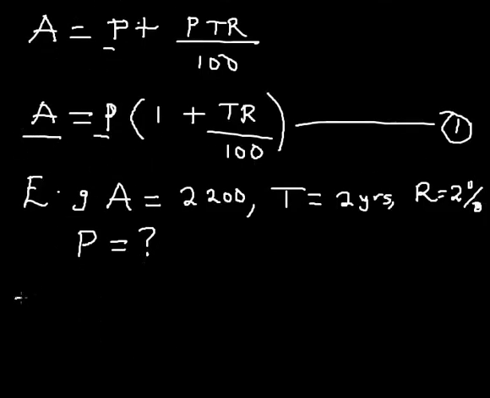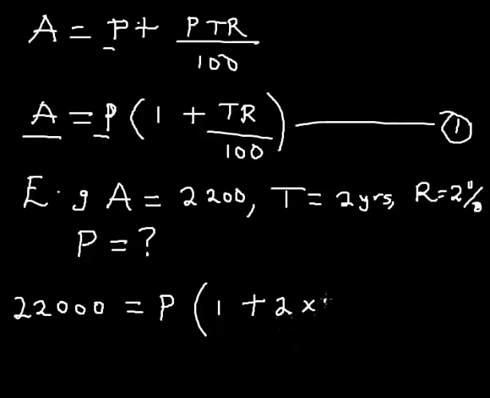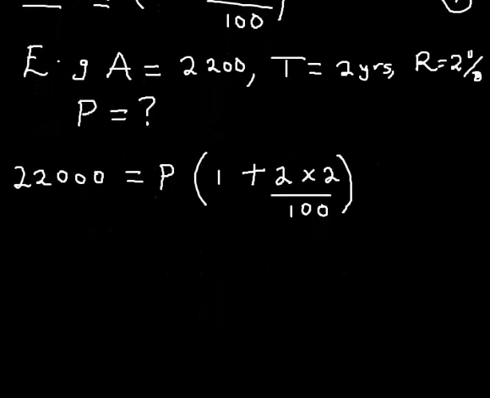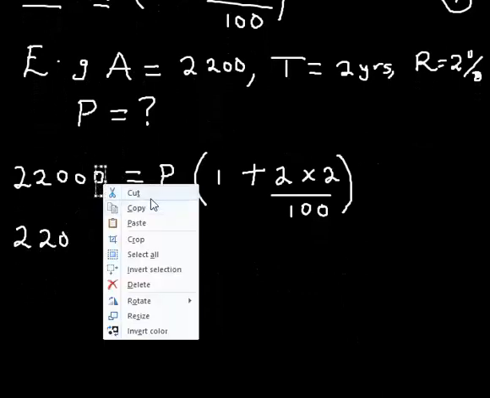The amount he paid back is 2,200. The principal is what we're looking for. Open bracket, 1 plus the time is 2 times the rate is 2, then divided by 100. Bracket close. So this is going to be 2,200.